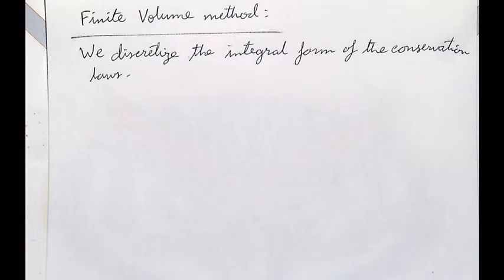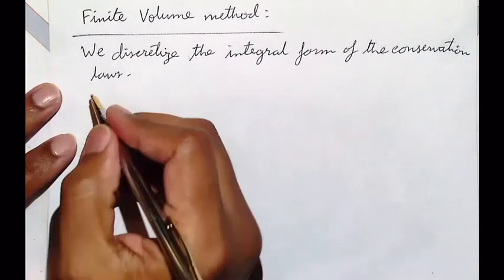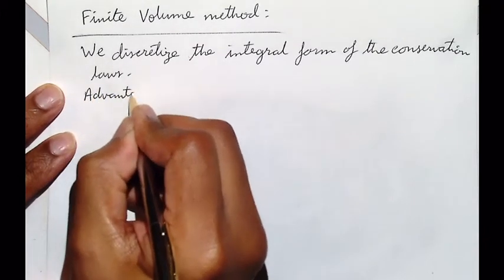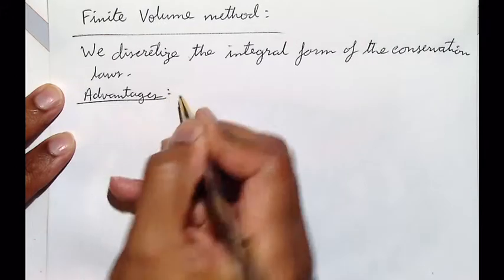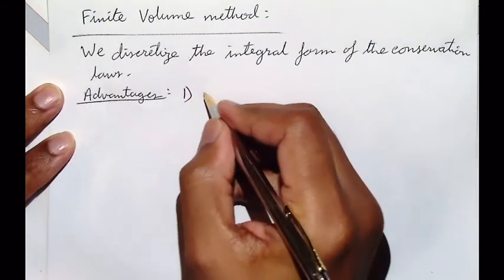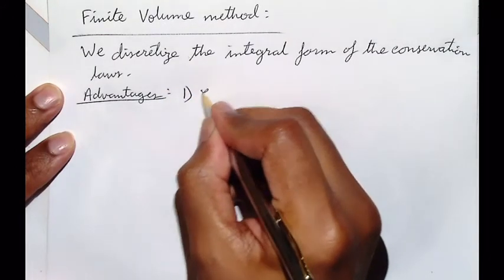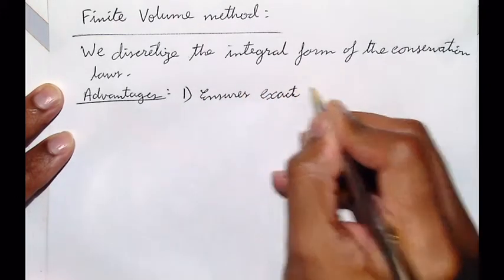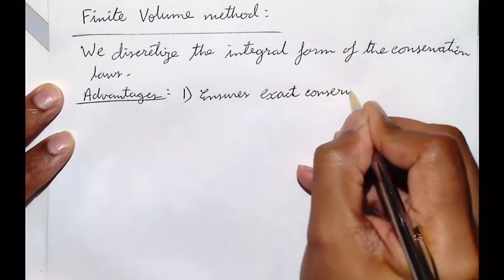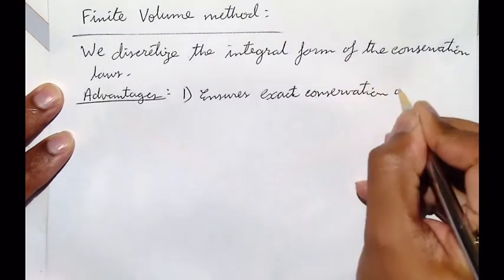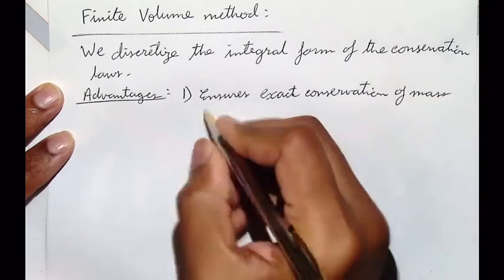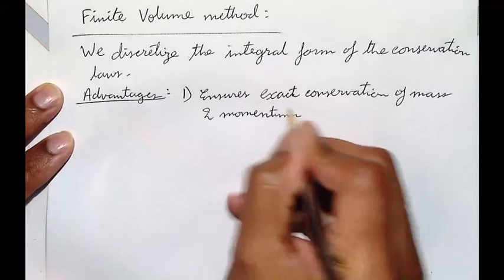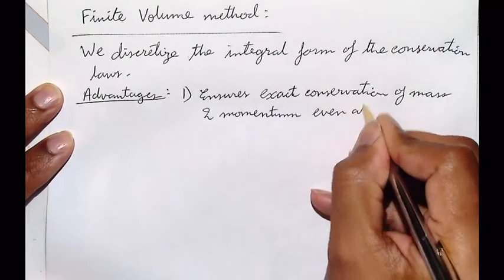And again, there are several reasons for this. We can just write out some advantages. The advantages are: the finite volume method ensures exact conservation of mass and momentum even at very low grid resolutions.